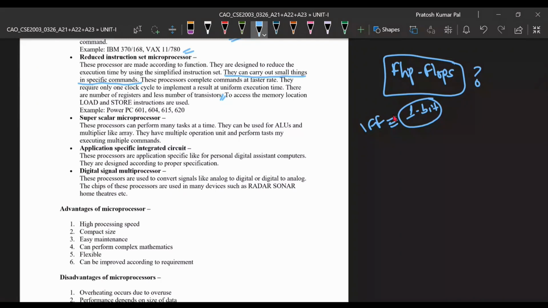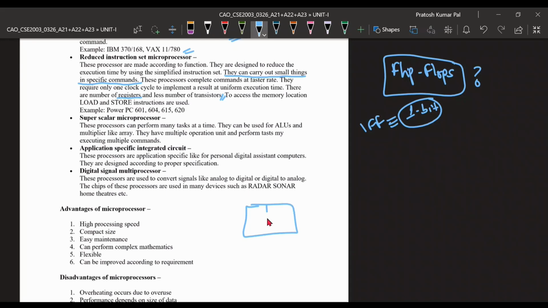These flip-flops are combined to make registers. Each CPU, which we have seen is the core, the heart of the computer, the processor basically, has registers also.